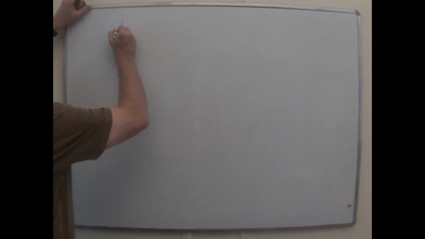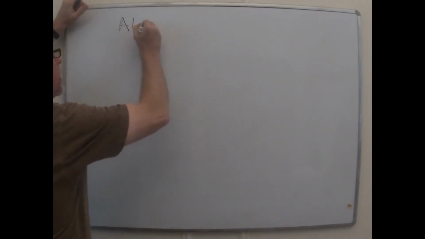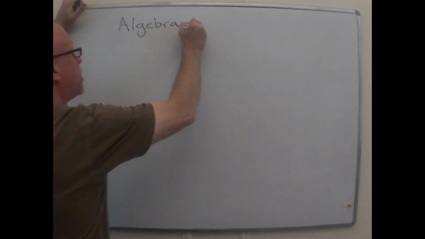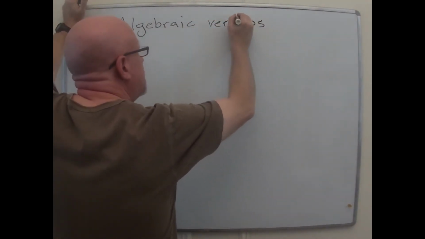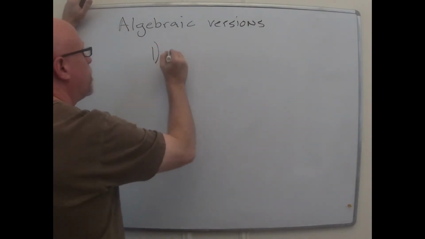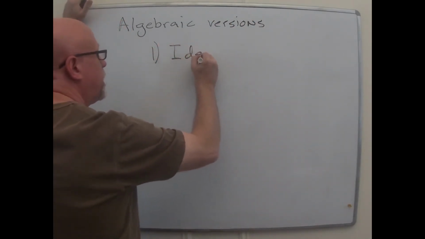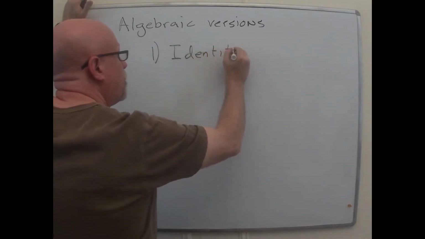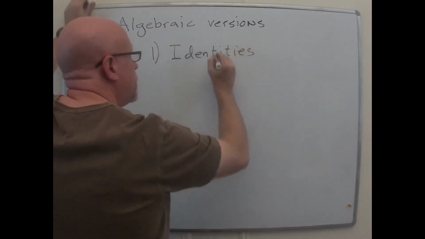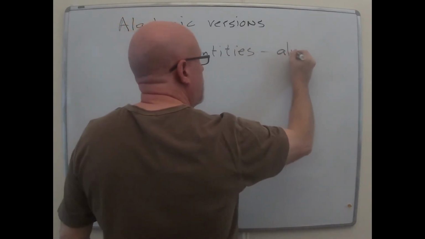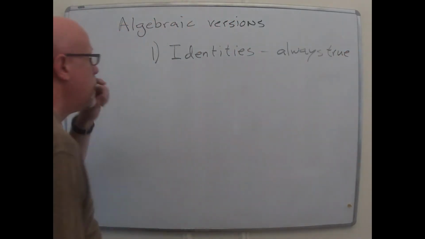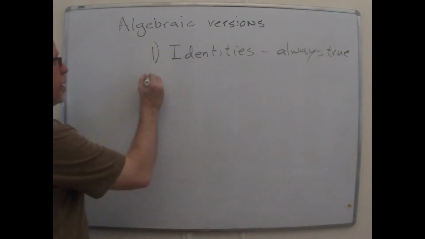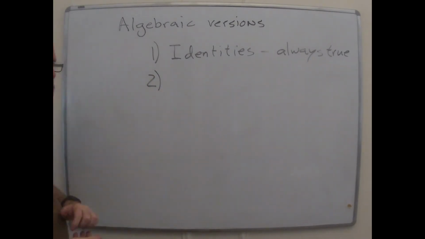The algebraic versions of these things I've been discussing are known as identities. Let's just number them, I guess. Identities are sentences in algebra that are expected to work for every x value. So that's the always true type. There's a name for the kind of equations that you can solve, that you can find x by doing it.